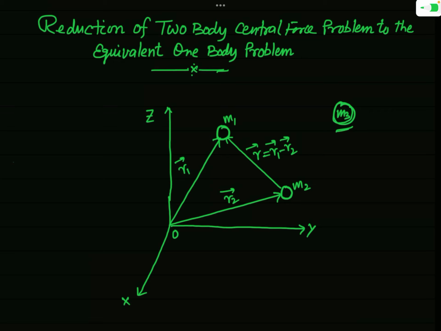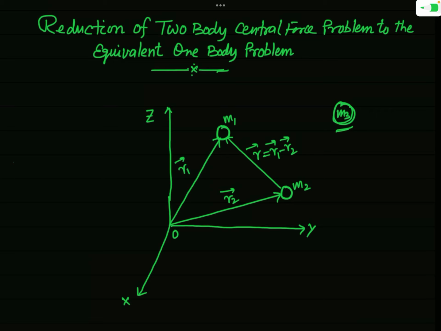Now one thing I would like to clarify here: we have considered m1 and m2 as two bodies. But remember, in particle dynamics or in Newtonian dynamics, we always consider a body just like a point mass.